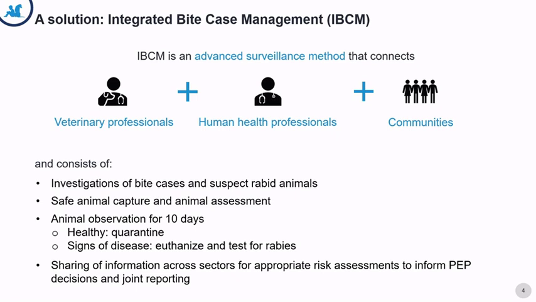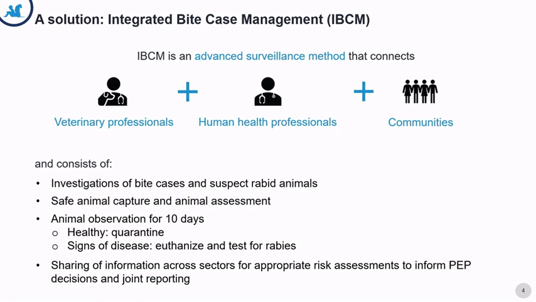At its core, IBCM is quite simple. Our goal is to identify all animal bites that are occurring within the community. Then evaluate the biting animal for any signs of rabies. Depending on that health assessment, we need to quarantine healthy animals for 10 days or test sick acting animals for rabies.